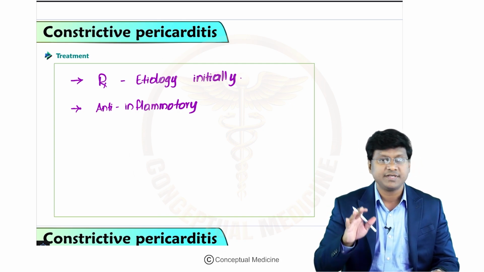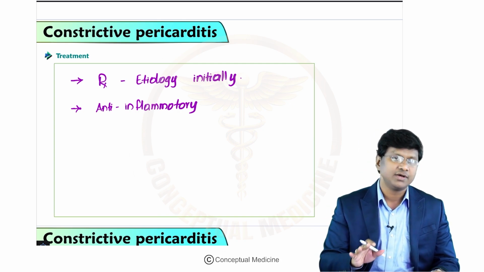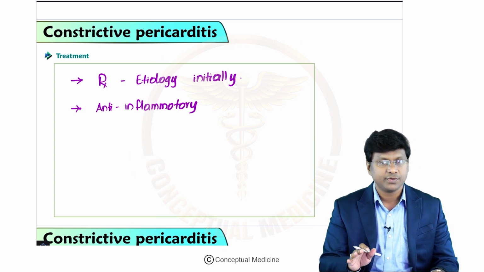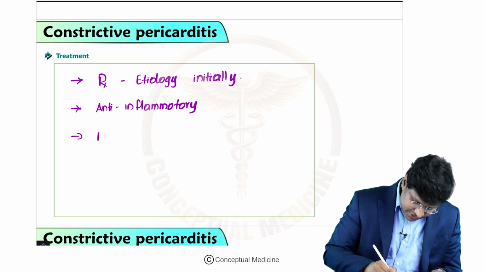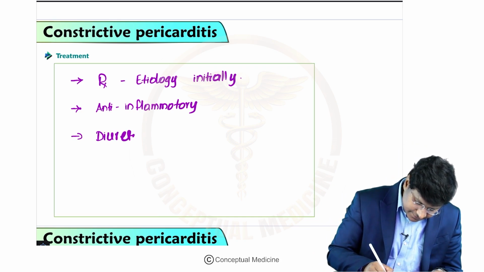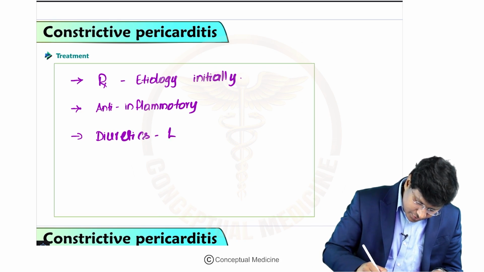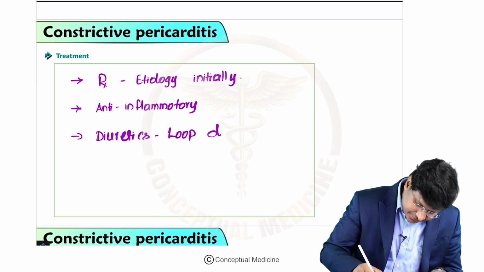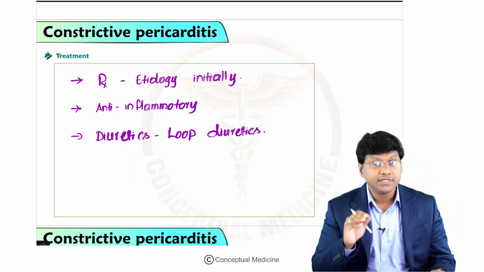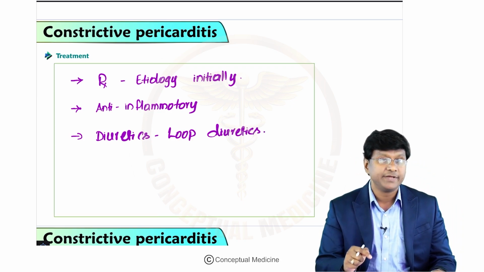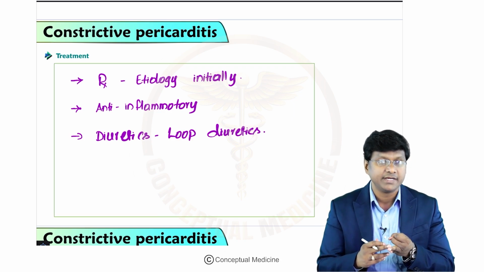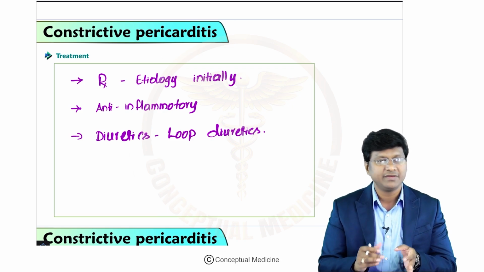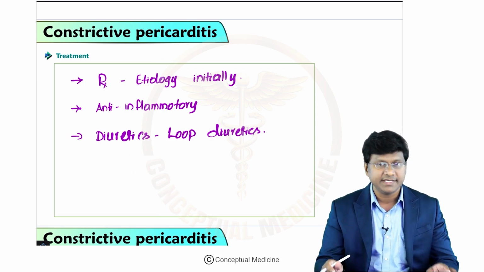And once the hemodynamics are evident, the mainstay of treatment will be diuresis. It should be aggressive, and you need to give loop diuretics like torsemide, bumetanide or furosemide if bowel edema is suspected.